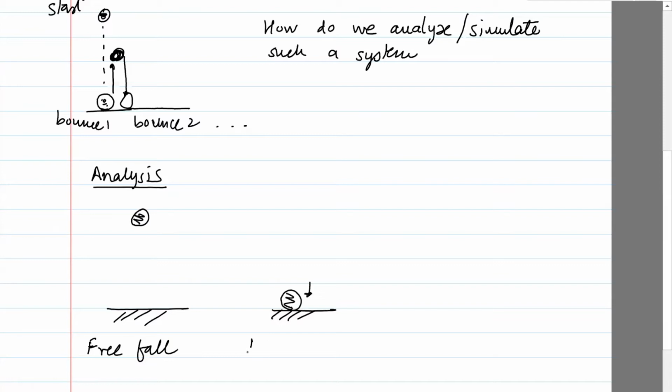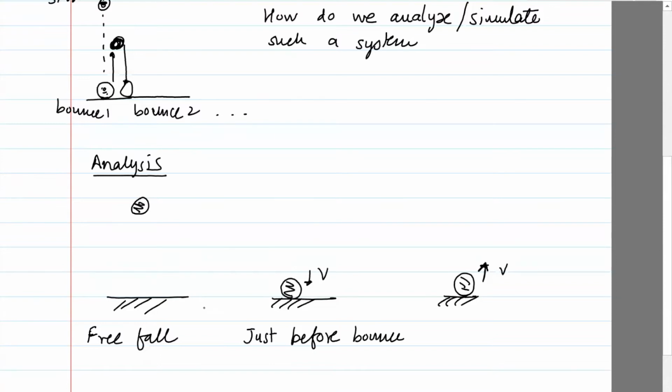So this is just before bounce. And then once it hits the ground, it will rebound. So this is V, the arrows denote the direction of the velocity, and this is just after bounce.